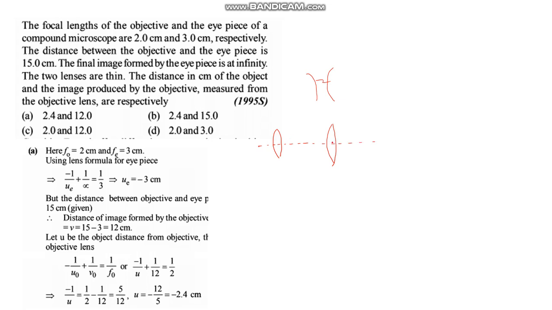Now the distance between them, if you take this distance, is given as 15 centimeters. Obviously eyepiece has got 3 centimeters as the focal length, and this has got 2. Objective is less. He says that this eyepiece is forming the image at infinity, and where is the object placed and where is the image formed by the objective. So keeping this into account, you have to find where is the image and object.